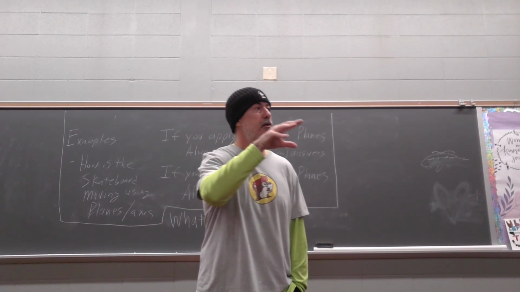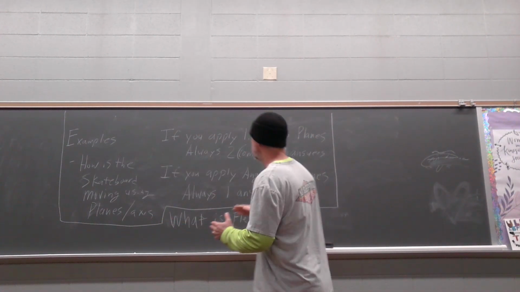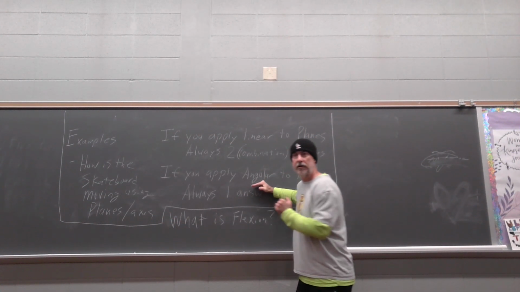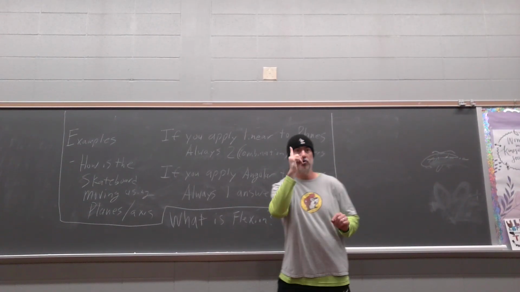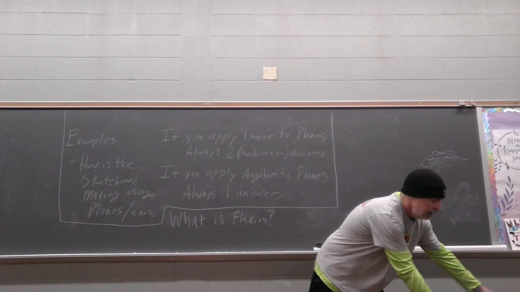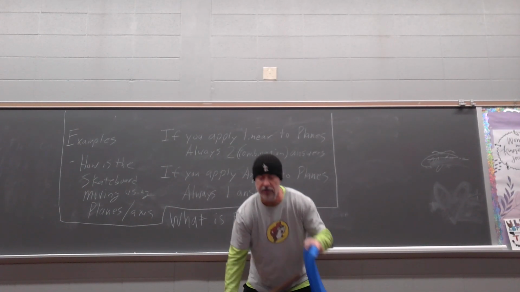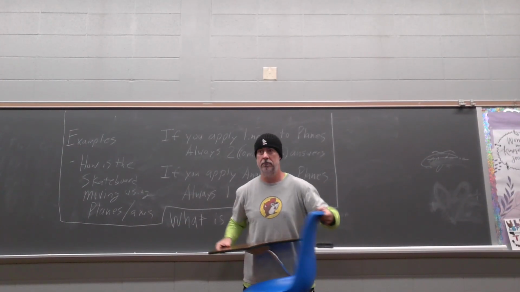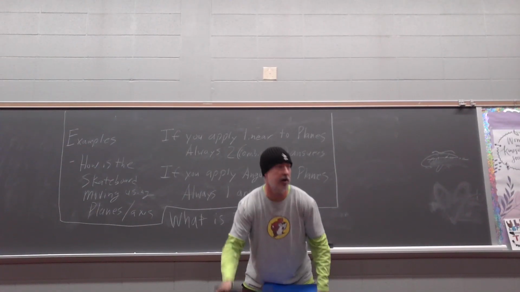So we cannot look at planes linearly. We have to look at planes angularly or rotationally, because now there's always going to be just one answer. It's not how the chair shifts. It's how does the chair spin.